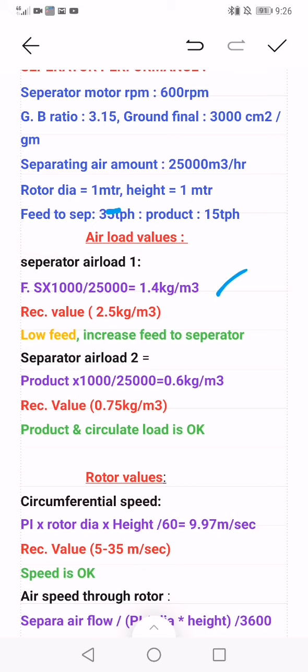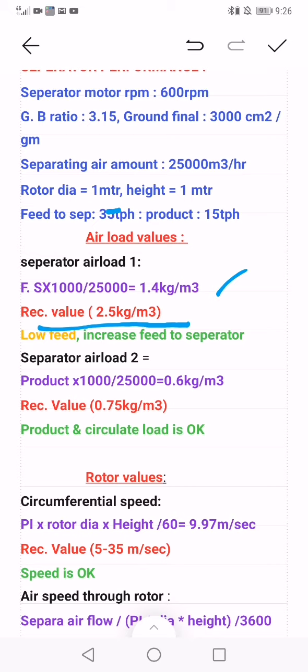Our recommendation value is 2.5 kg per meter cube. So our value is 1.4 kg per meter cube, recommendation value is 2.5 kg. So it is less than the recommendation value.